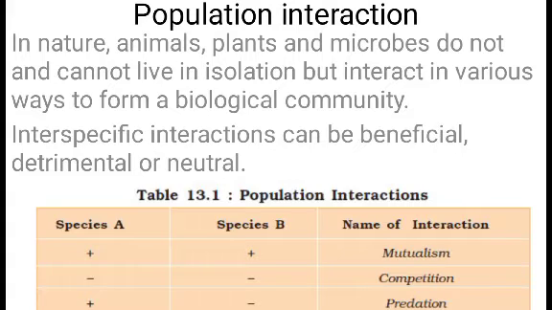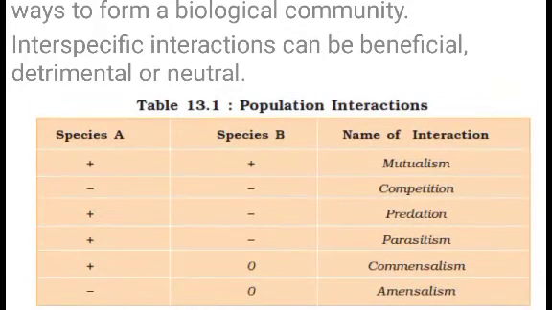So what is neutral interaction? Here it is neither benefited nor harmed. Okay. And to denote this type of interactions, plus sign can be used for denoting beneficial interaction, minus sign for harmful or detrimental interaction, and 0 for denoting the neutral interaction.